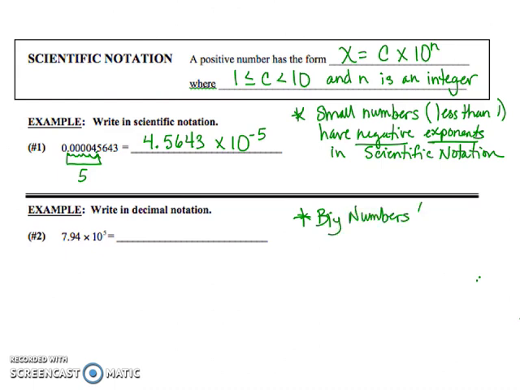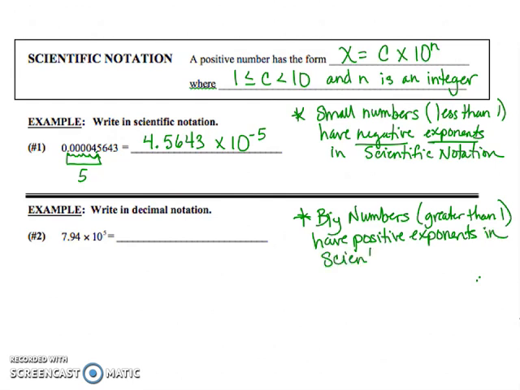Big numbers, which are greater than 1, have positive exponents in scientific notation. Okay. So we know that this is a big number.